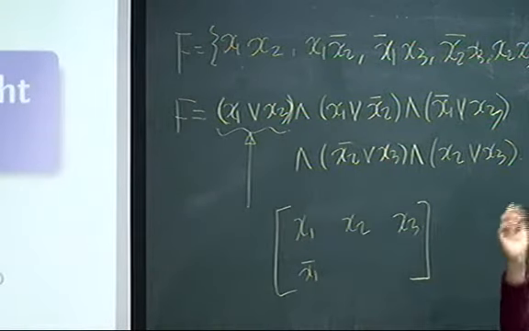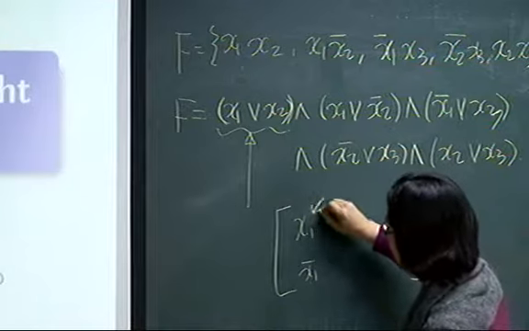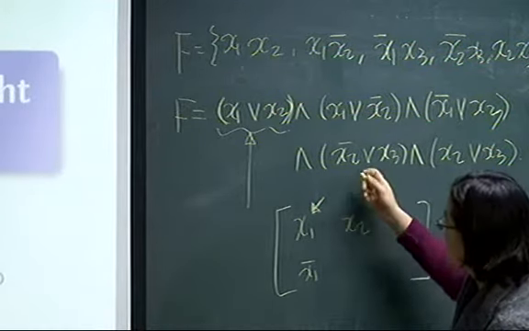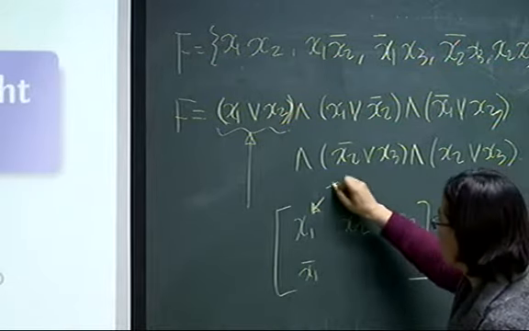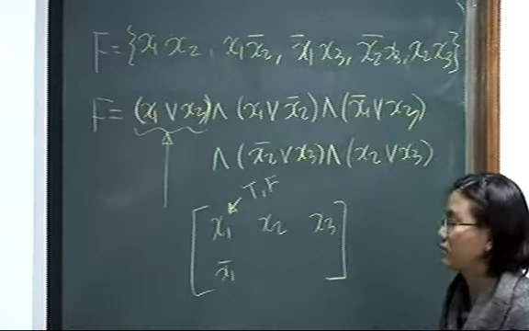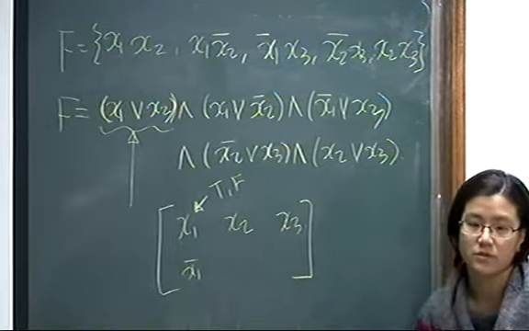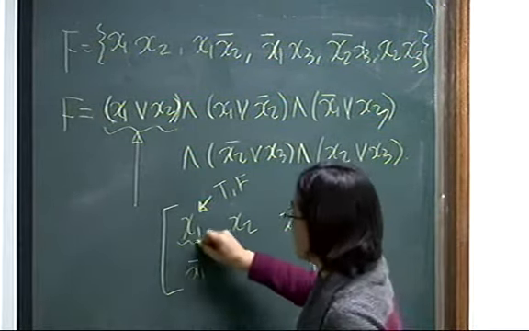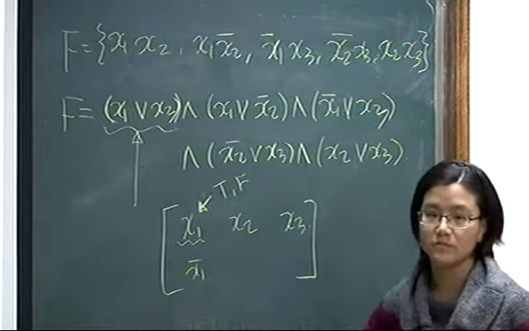These variables have one of two values, either true or false. Or you can say it's 1, 0, or 1, minus 1. It doesn't really matter, but it's basically a binary variable.